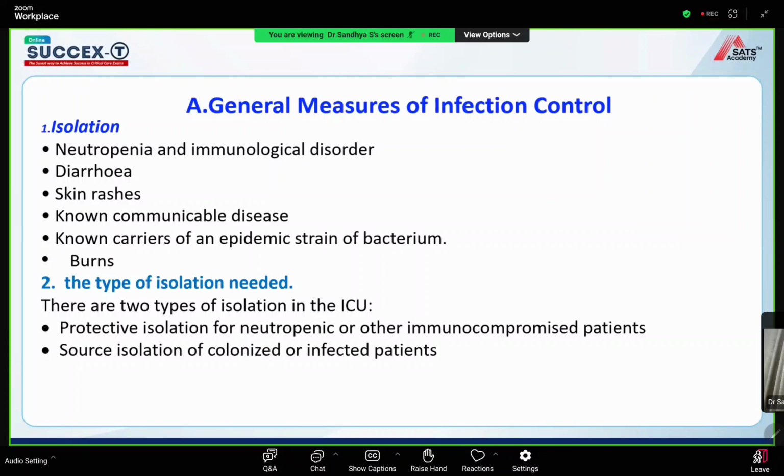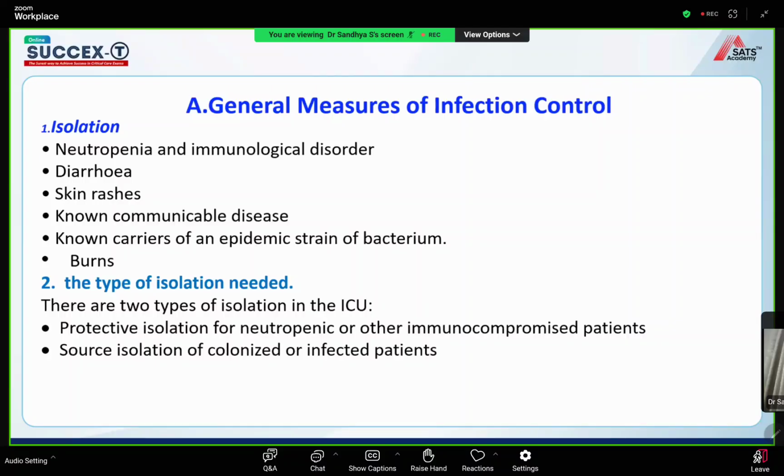There should be general measures of infection control, which is basically isolation. So who all should be isolated? Any patient with neutropenia and immunological disorder, any patient with persistent diarrhea, any patient with fever and rash, any patient with communicable disease, carriers of an epidemic strain of bacterium, or a patient with burns. And what are the types of isolation? As you all know, there's protective isolation as well as source isolation, which is otherwise known as a positive pressure room or a negative pressure room.